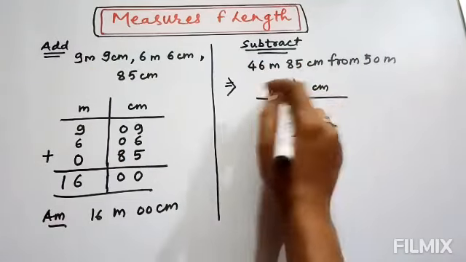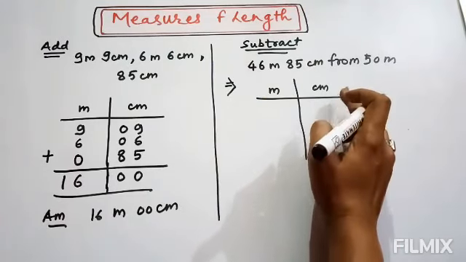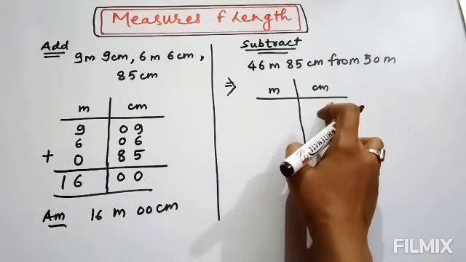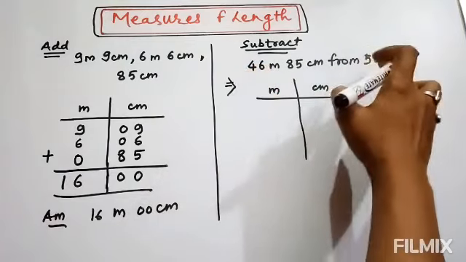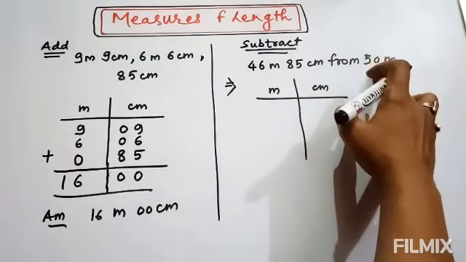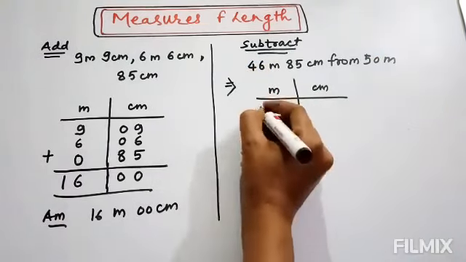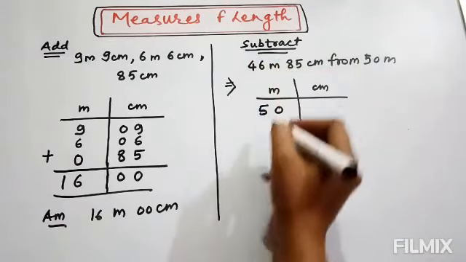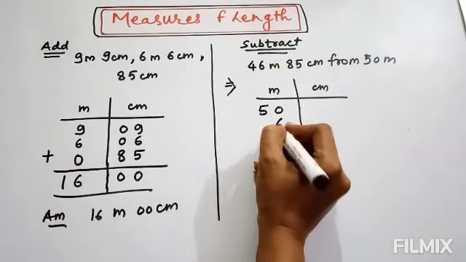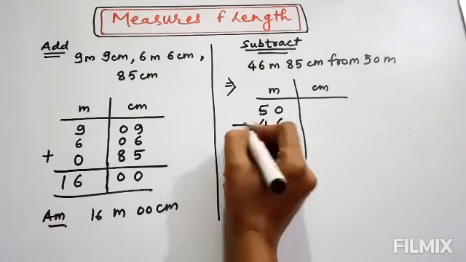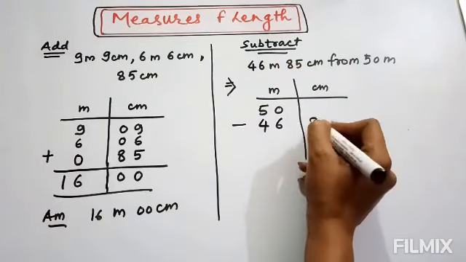Meter is a bigger unit than centimeter, so we will observe in the meter which number is given greater. 50 meter and 46, so we will write 46 and subtract 85.